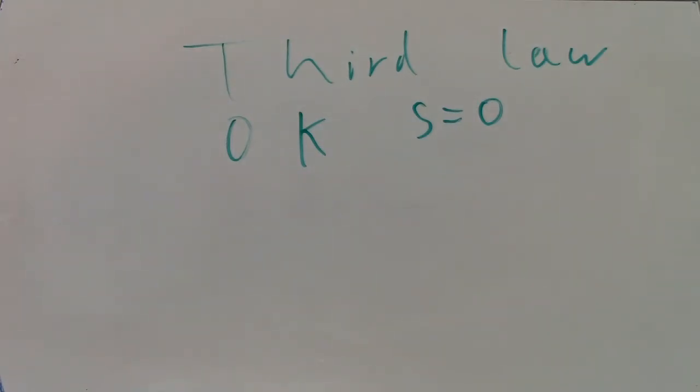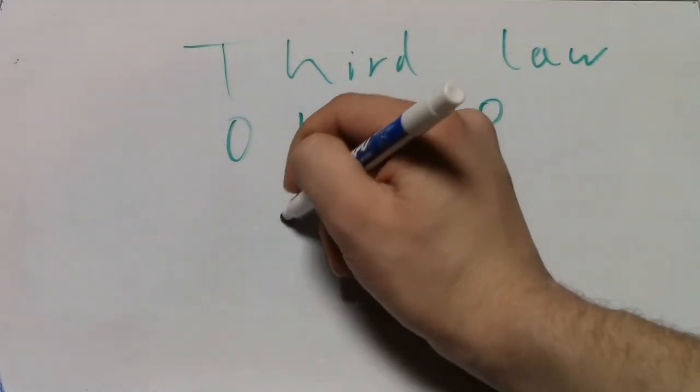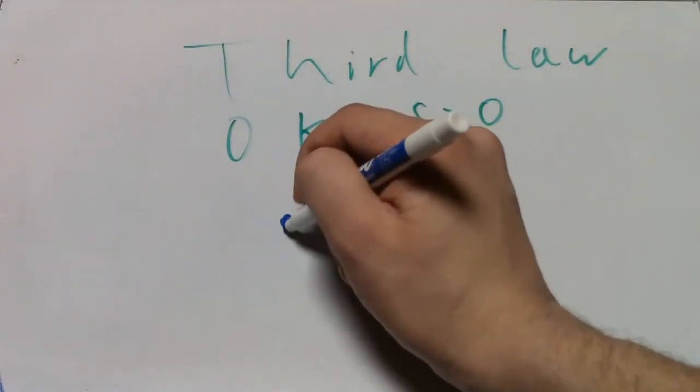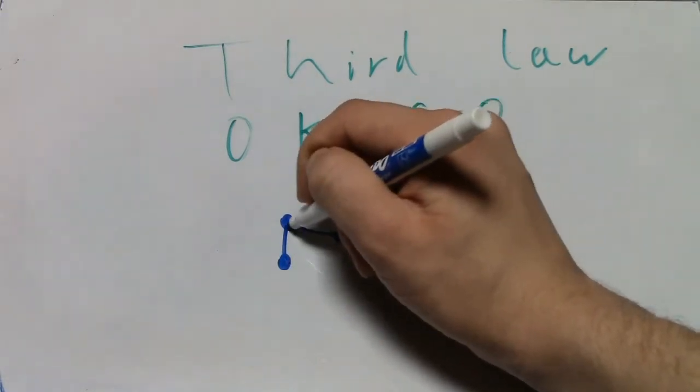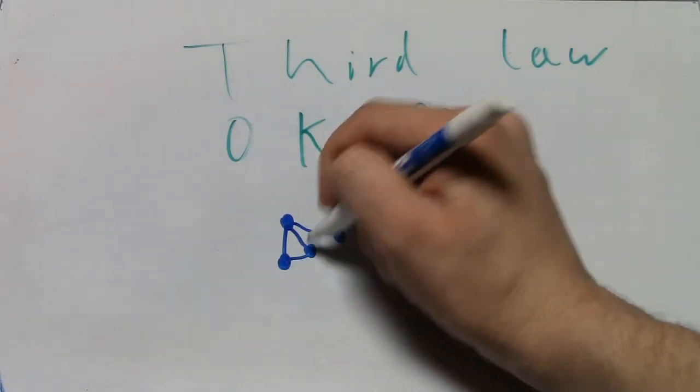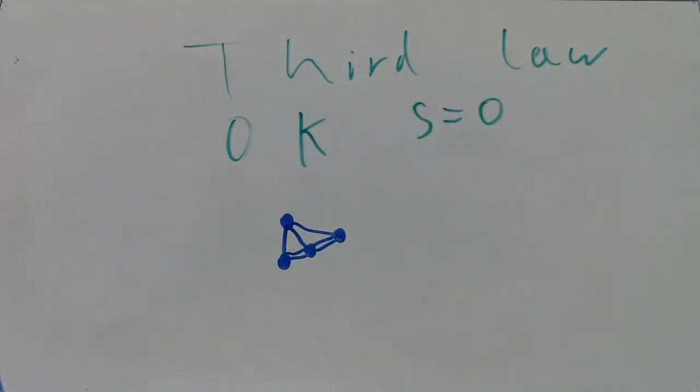Now, the reason for this is that at 0 Kelvin, a substance will have minimum energy, which in the case of a pure crystalline solid is no energy. As such, if there is no energy, there is no way to distribute that energy, which means there are no microstates. And if there are no microstates, there is no entropy.